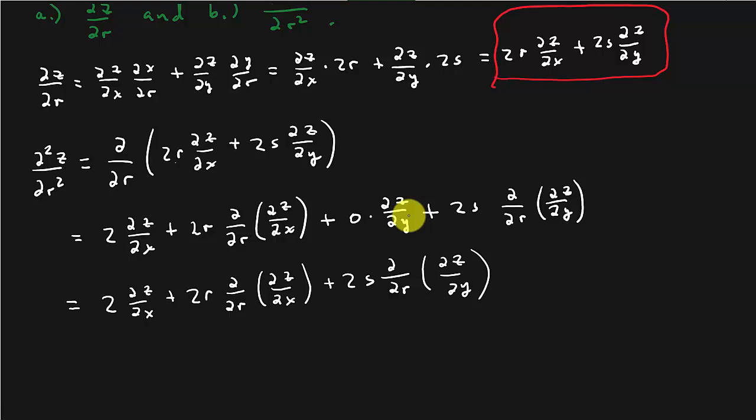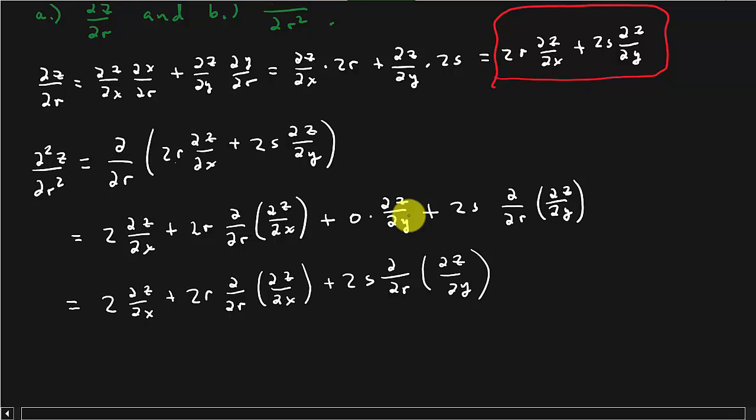So what do we need to do? We've got this in terms of the partial of z with respect to x. We need to figure out what this is, and we need to figure out what this is.